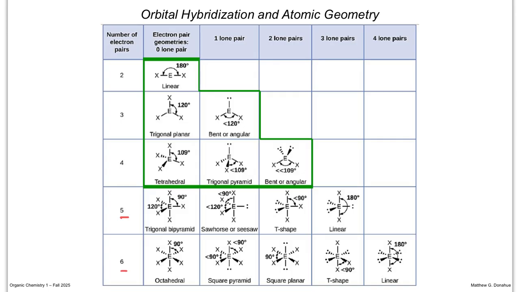Because lone pairs are not considered substituents or ligands on the element, that's why we don't say water is tetrahedral. It only has 2 substituents, then 2 lone pairs, so it's bent. Even though there's sort of 4 things there.